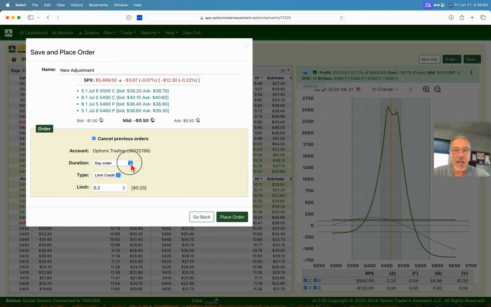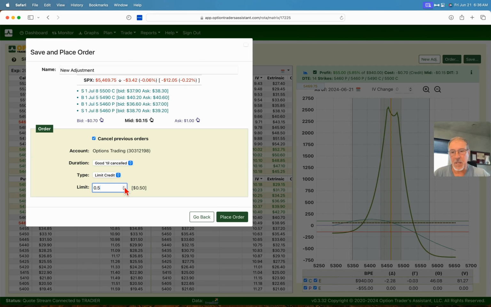So I am going to put this out there. I am going to put it as a GTC order, but again, I'm expecting it to probably fill today, kind of looking at my pricing here on this. We're all the way down at 15 cents here now, which I certainly think I should be able to get more than that, unless the market continues to run up. I need the market to kind of stay where it is or get maybe a little bit of a pullback or a sell-off on this.